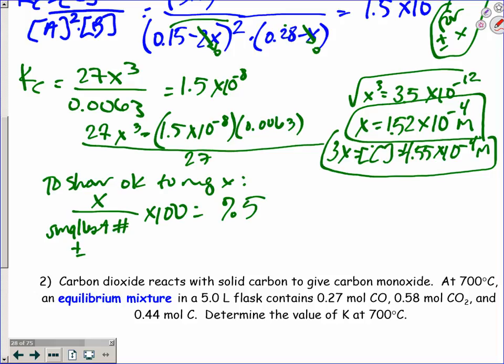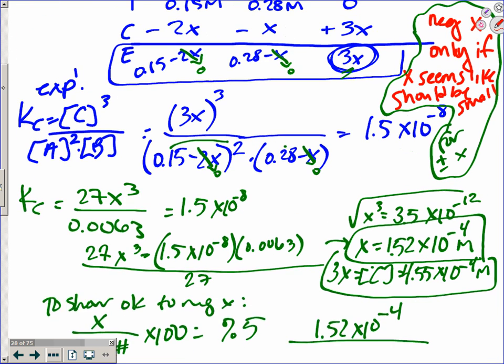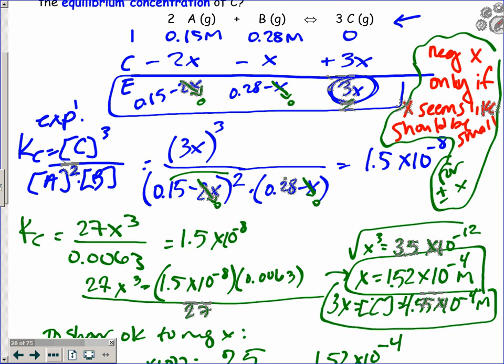So what this means, in accordance with what we calculated, is we would take this x, 1.52 times 10 to the negative 4th, and we would divide x by the smallest number we would have added or subtracted it to, which is up here. Which of these is the smaller number I would have added or subtracted from? 0.15, right? So basically, you have to see your work to really support where you're going.